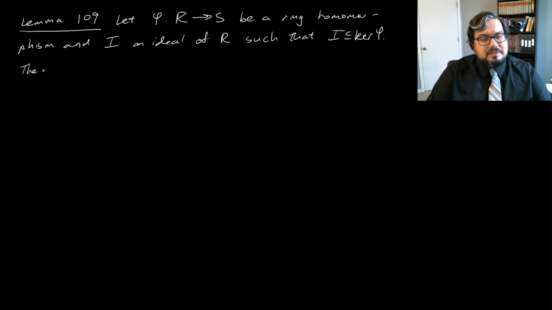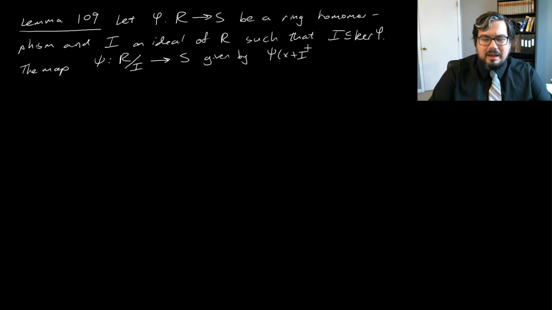In this case, the map psi going from R mod I, the factor ring R mod I, to S, given by psi of x plus I equals phi of x, is a ring homomorphism.